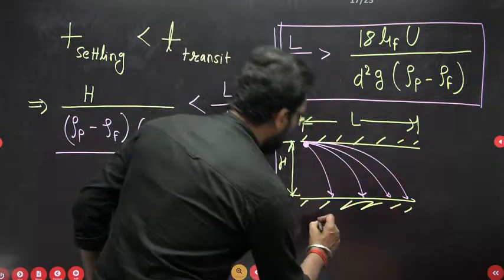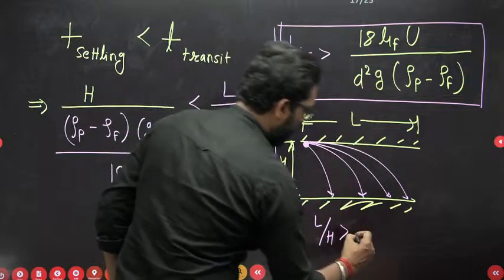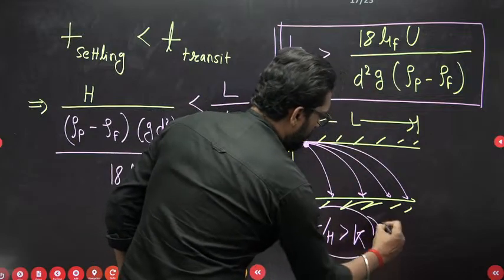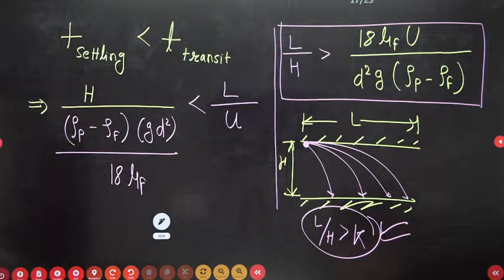So if you design L by H greater than this value K, all the particles will be captured. Clear? All the particles will be captured.